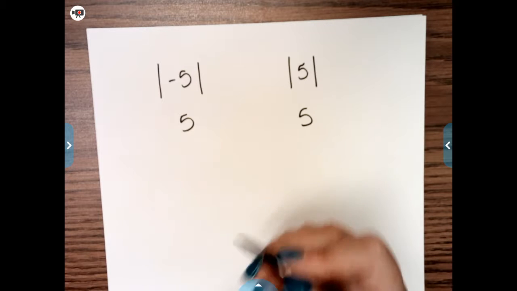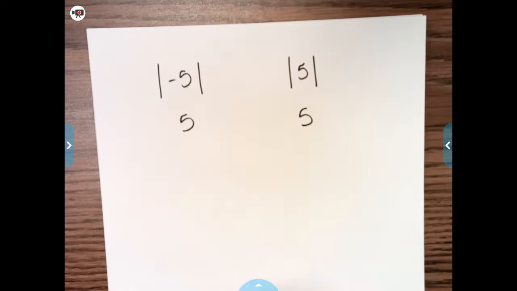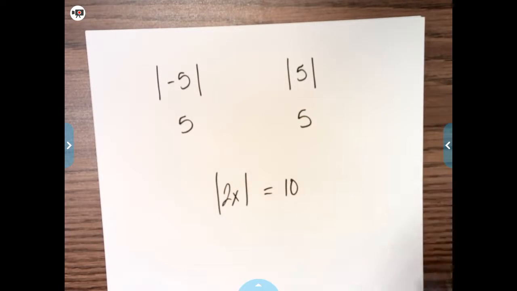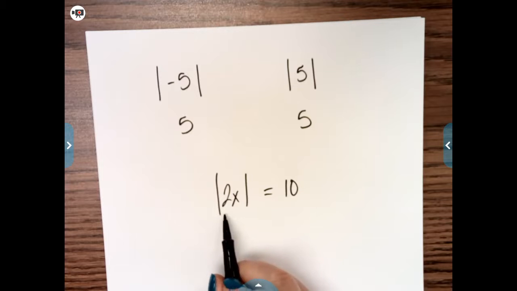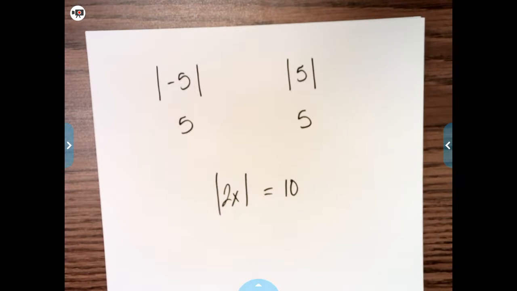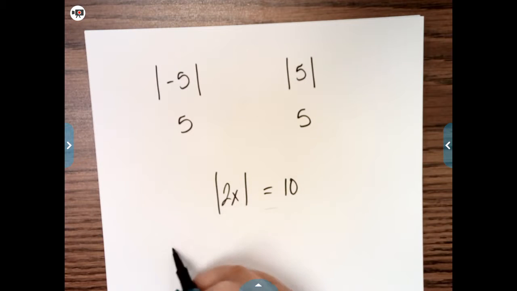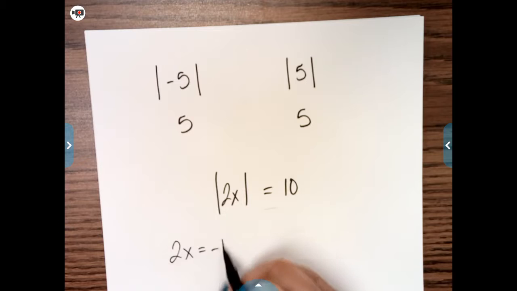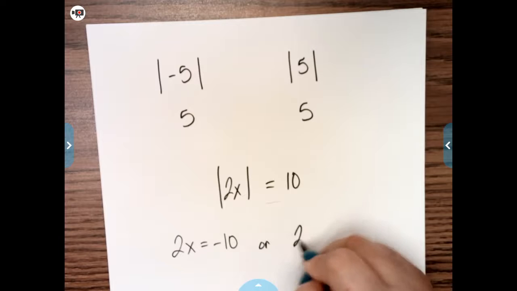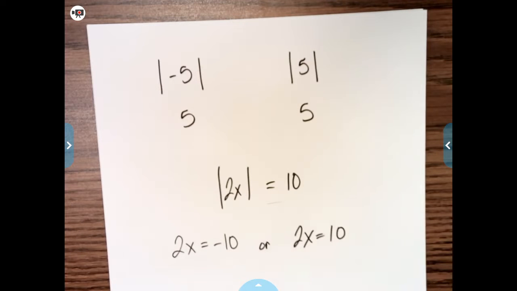So now let's look at that in terms of an equation. So you remember those rules. The absolute value can either be a negative or a positive, because then it's always the non-negative version of it. So when we have an equation, we can set up two forms of the equation, because the absolute value of 2x could be negative 10 or it could be positive 10.